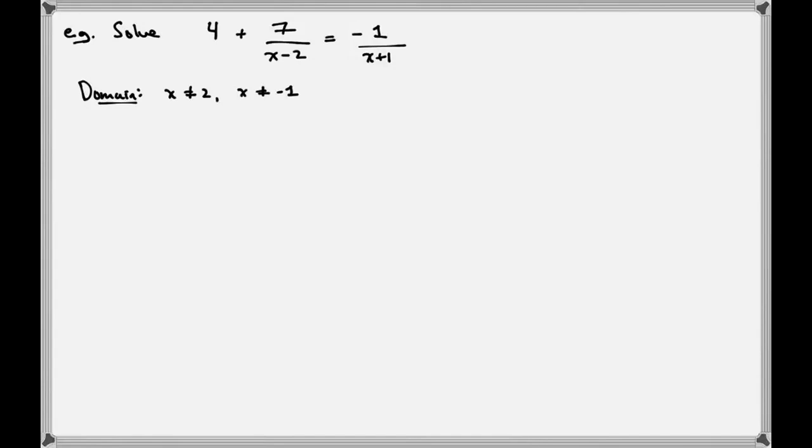I'm then going to multiply both sides by enough stuff to clear those fractions. In this case, I need a factor of x minus 2 and x plus 1. Each term of the equation will get multiplied by that. So the 4 will get multiplied by it.